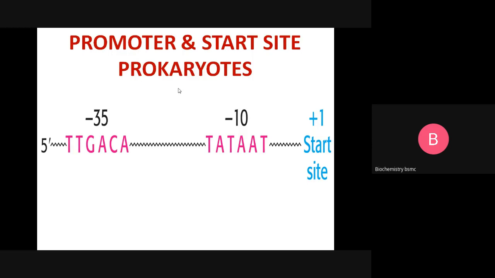An important thing: these promoter sequences may be situated upstream, that is towards the 5' end of the DNA, in relation to the coding strand, or they may be 3', even overhanging the start site.